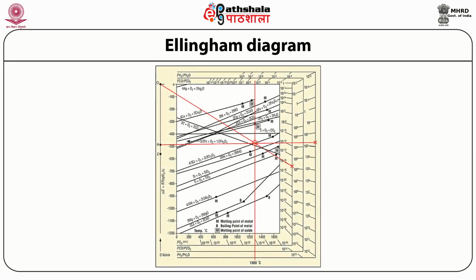Unlike the concept of equilibrium dissociation pressure, we can construct a nomographic scale on the right bottom of the Ellingham diagram to directly obtain the dissociation partial pressure of an oxide at any temperature.